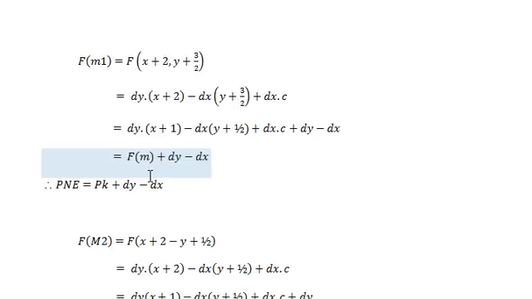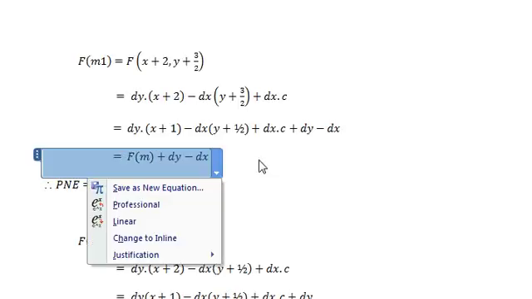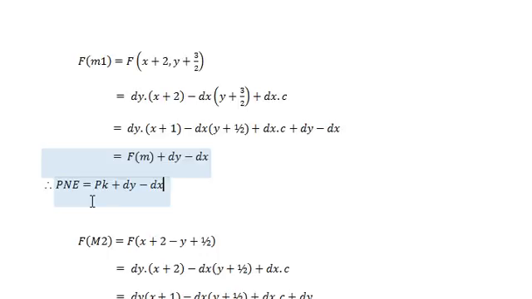Here x plus 1 gives dy into x plus 1 minus dx into y plus half plus c, which is actually equal to f of m, and the remaining thing. This is the already selected point. Next, for the northeast pixel, pk plus 1 is equal to pk plus dy minus dx.